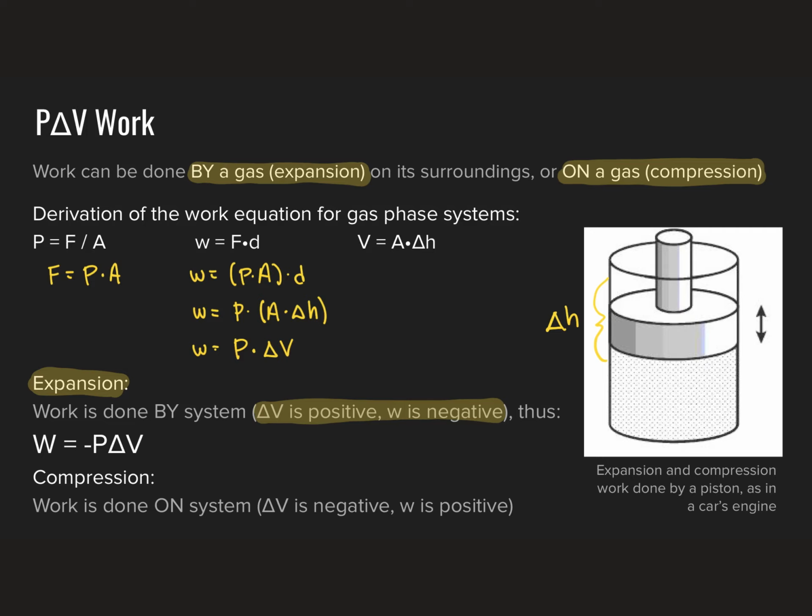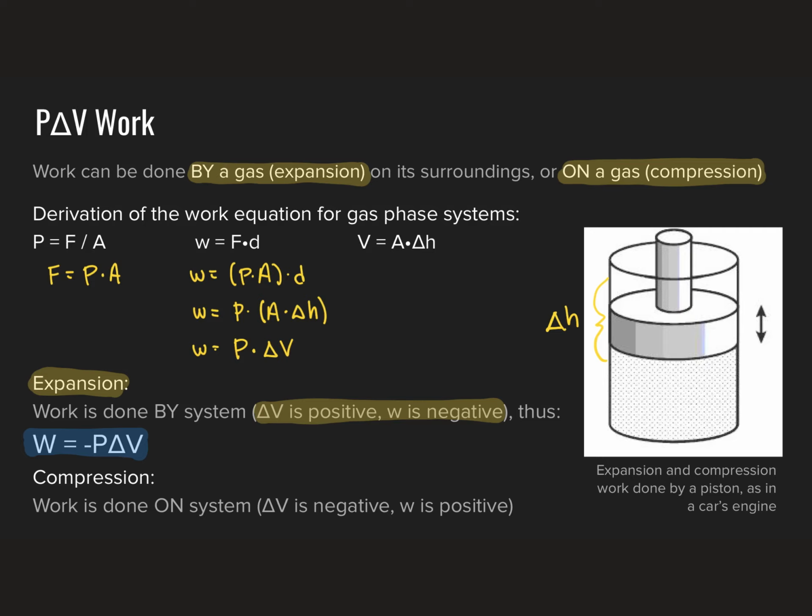And from that, we derive this equation for work done by a system: work is equal to minus pressure times the change in volume. And again, that minus is there because from the system's perspective, it is doing work on the surroundings, and therefore it is losing its internal energy.